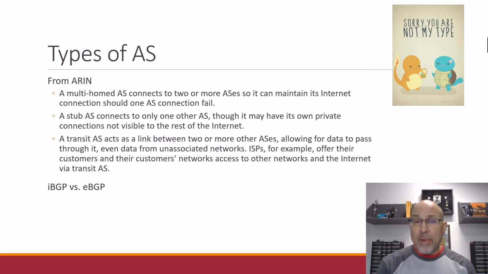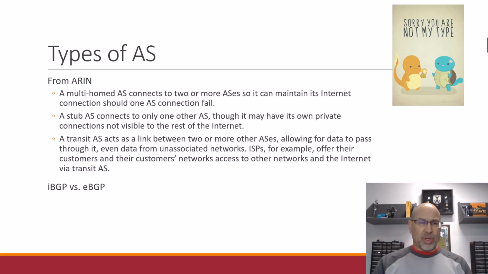Now, types of ASs. From the American Registry for Internet Numbers, we have these definitions of autonomous systems. If you think about it, we're going to build two stub ASs today. A stub AS connects to another AS, and there's no really complex connectivity. We're also not using this AS to get to other ASs.